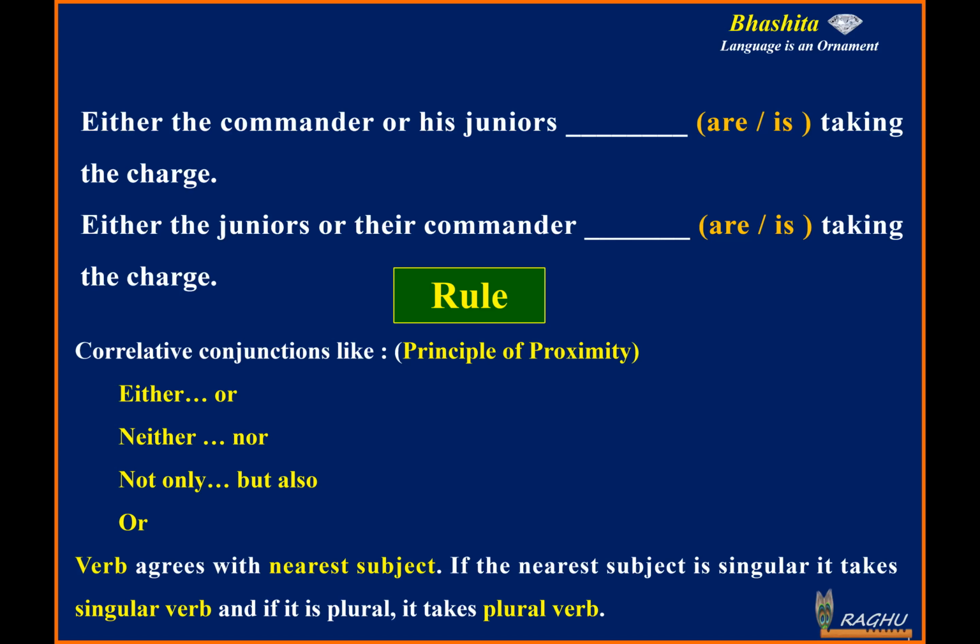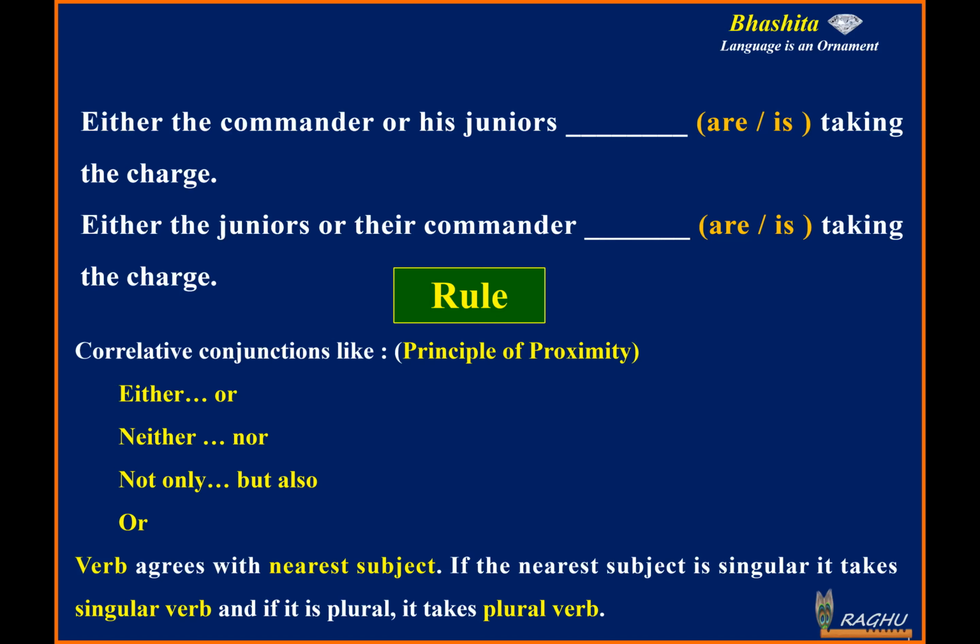So what does it mean? The verb agrees with the nearest subject in a sentence, and that rule is named principle of proximity. It is quite applicable for correlative conjunctions like either or, neither nor, not only but also.